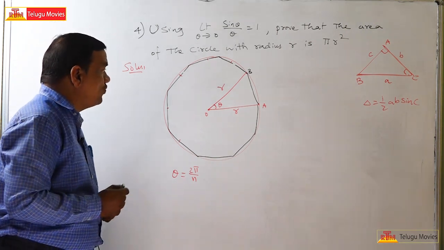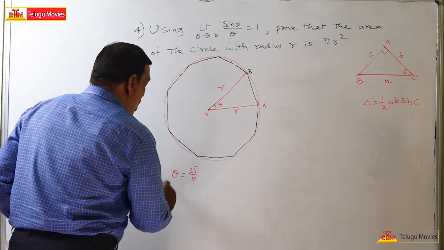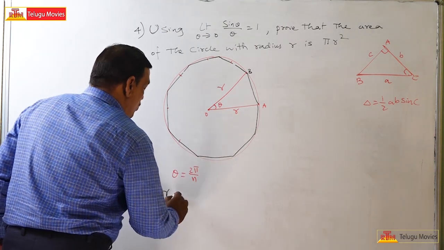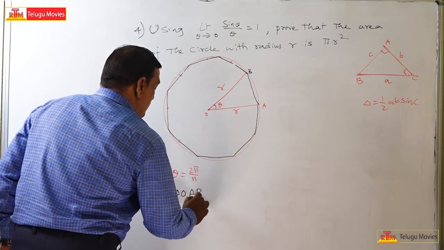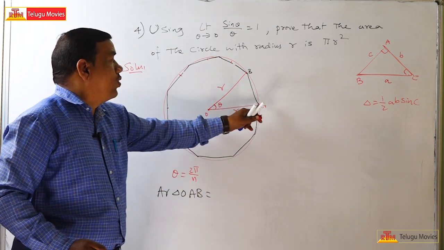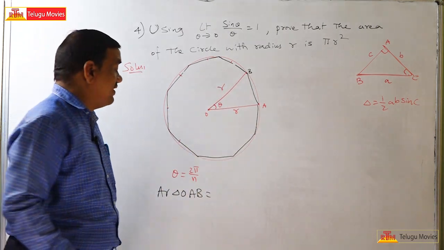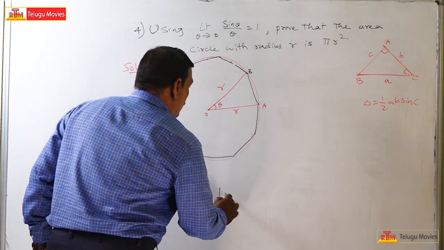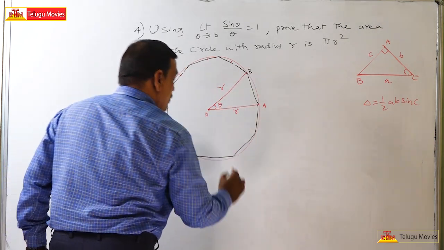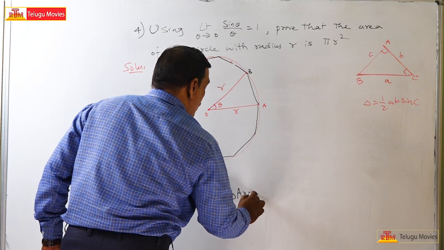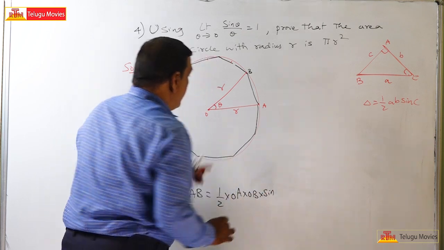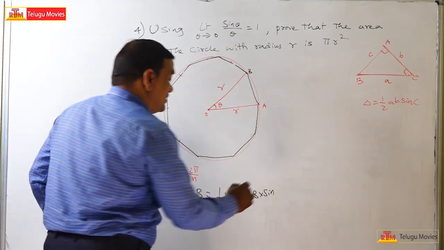Now, I am going to find out the area of the triangle OAB. So, this is given by half into OA into OB into sin of the included angle, that is theta.